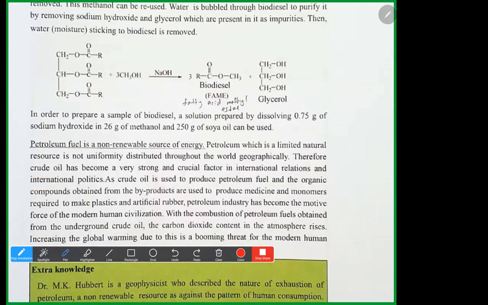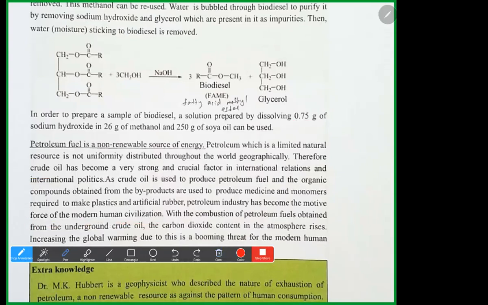As crude oil is used to produce petroleum fuel and the organic compounds obtained from the byproducts are used to produce medicine and monomers required to make plastics and artificial rubber, the petroleum industry has become the motive force of modern human civilization.